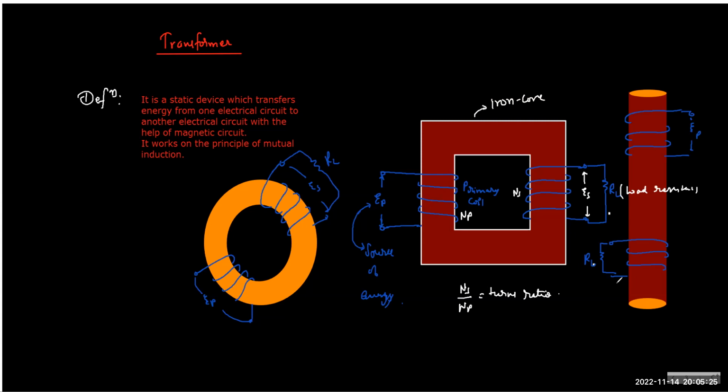The mutual induction will become more rigorous, and such a circuit will be difficult for us to analyze. So what we are going to assume in our case for the JEE is that there is no direct interaction of the coils. There are a lot of assumptions that we make before we do the mathematical analysis of an ideal transformer. Okay, let me draw this transformer once again.